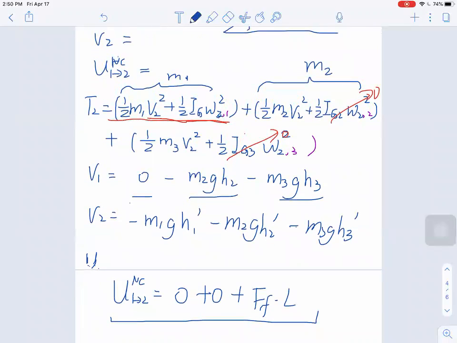Oh, I think I know what you're talking about. Here, V2 was the new position for all three masses. Yes, here we should have potential energy from the spring. Thank you. It's 1/2 K L squared.